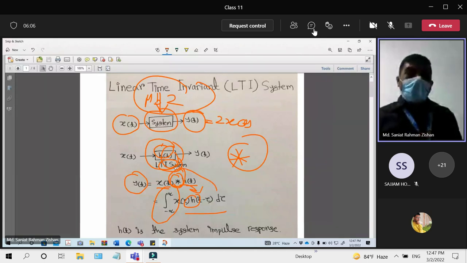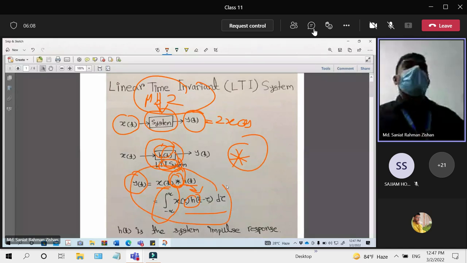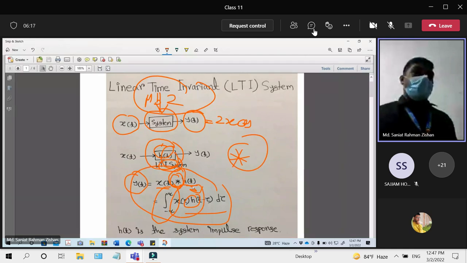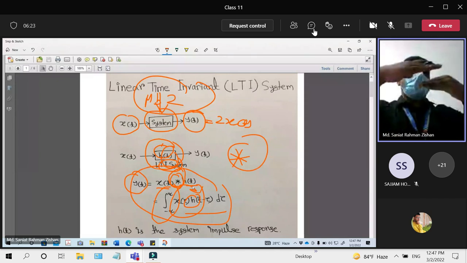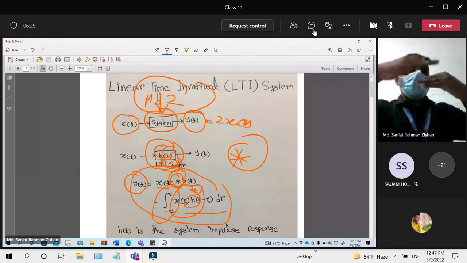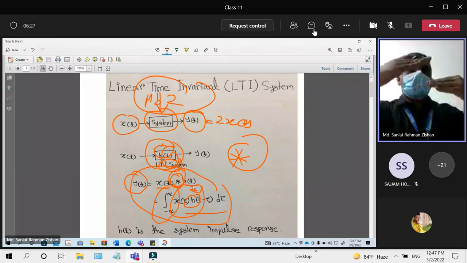By applying this, you are integrating, which means you are calculating area, the area between x(tau) and h(t minus tau). Let's say two signals are multiplied. Then there will be a common duration, a common area. This common area is called the convolution.